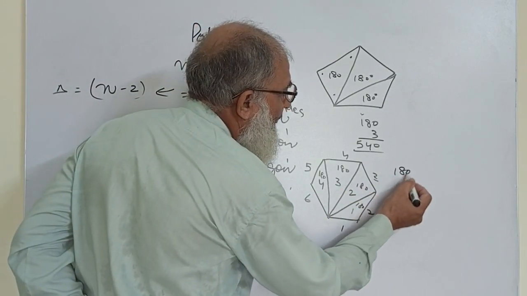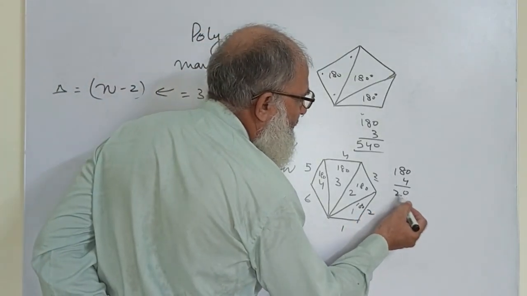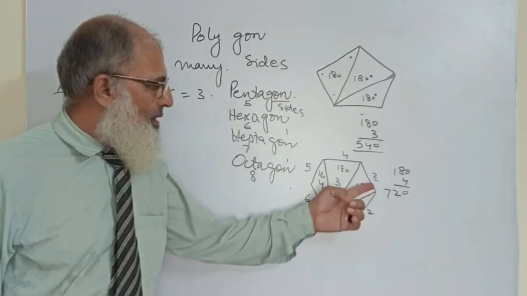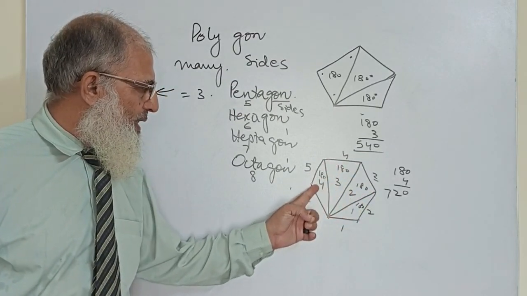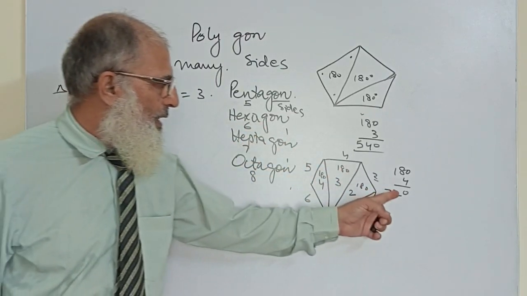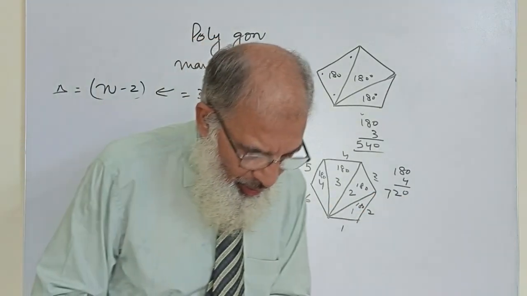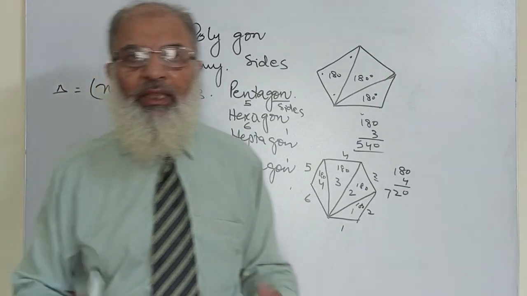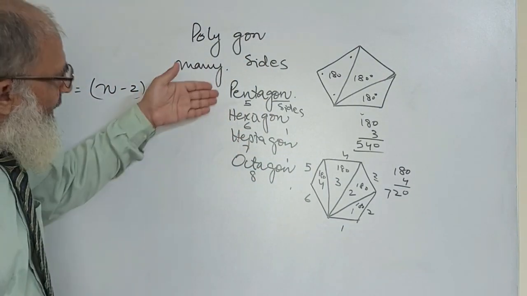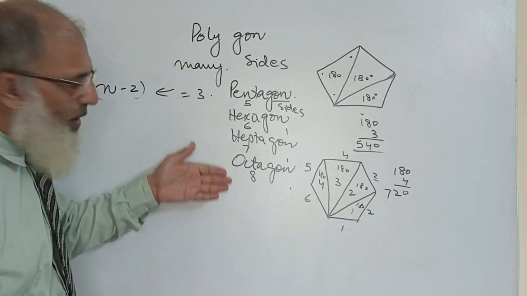So 180 multiplied by 4 will give us 720. Now the sum of the interior angles of a hexagon is 720.